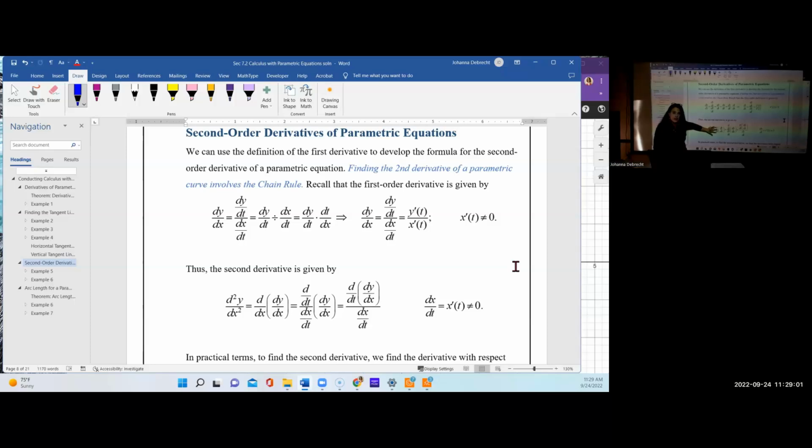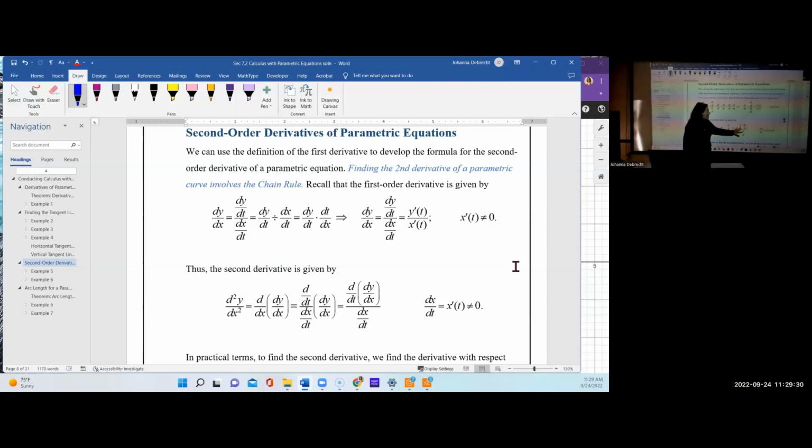So we're doing the same thing to the outside derivative. And then we're taking the derivative of that with respect to dy/dx. Because the dy/dx belongs in the numerator, this becomes the derivative with respect to t of dy/dx divided by dx/dt, provided, of course, that dx/dt is not 0. If it's 0, it's undefined, right? And it won't tell us anything about concavity.